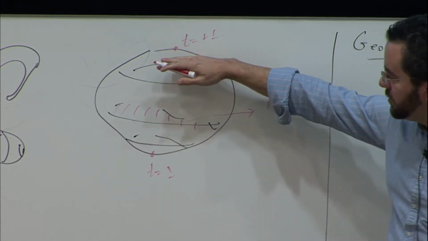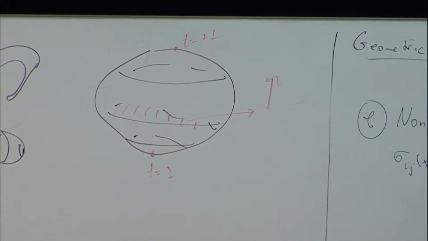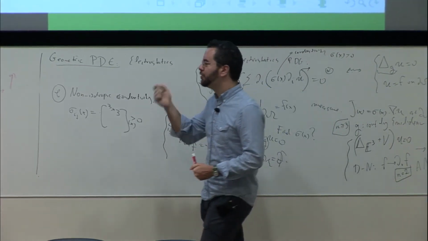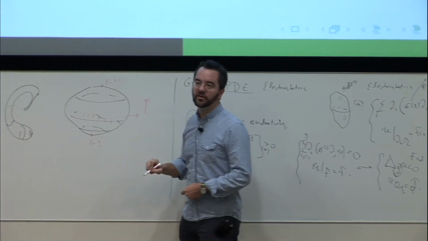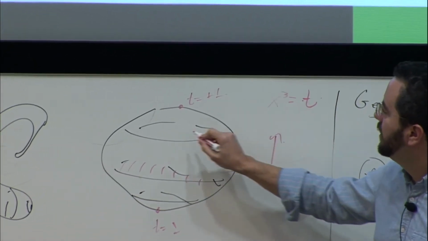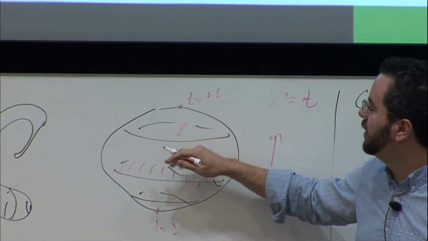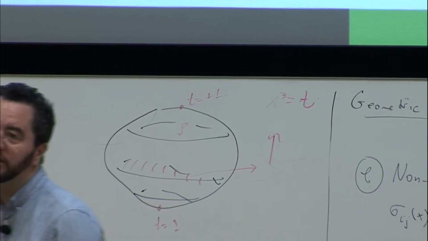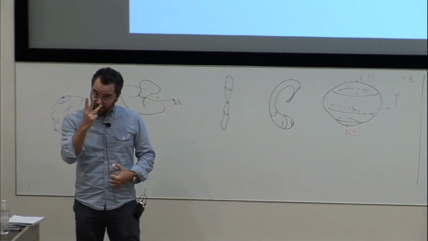And all intermediate t's correspond to one surface. So I need to define 3 coordinates. My third coordinate will be the one that's constant on each such leaf. So my x3 equals a function t. If a point P lies on the t-th minimal surface, then the x3 coordinate is t.